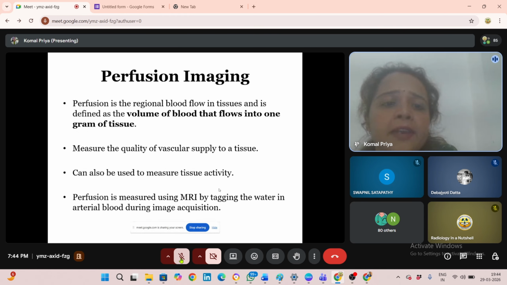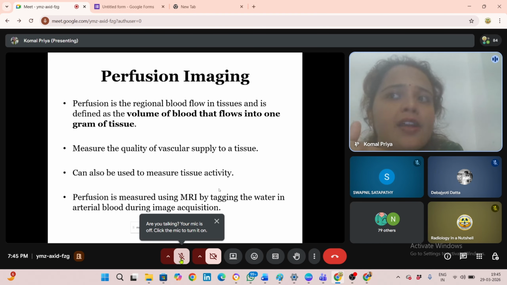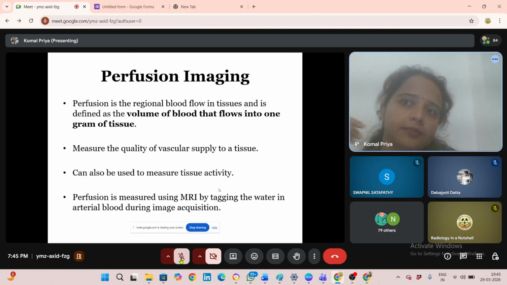It is the regional blood flow in the tissues, defined as the volume of blood that flows into 1 gram of tissue. It is the measure of the quality of vascular supply to a tissue. And since vascular supply and metabolism are usually related, perfusion measures the tissue activity, right?